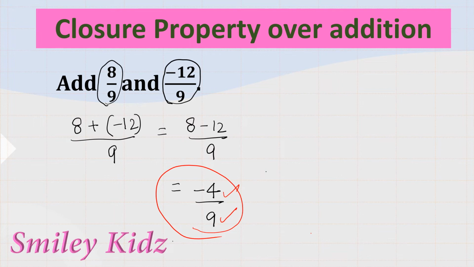So, minus 4 by 9 also belongs to the rational number family. So, closure property is satisfied over addition of rational numbers. That is, for any two rational numbers, let's take a by b plus c by d, the result obtained will always be a rational number.